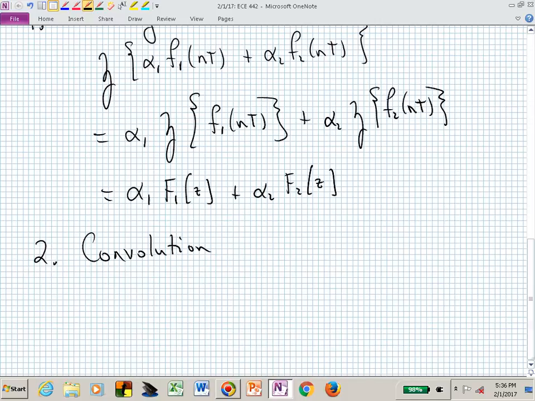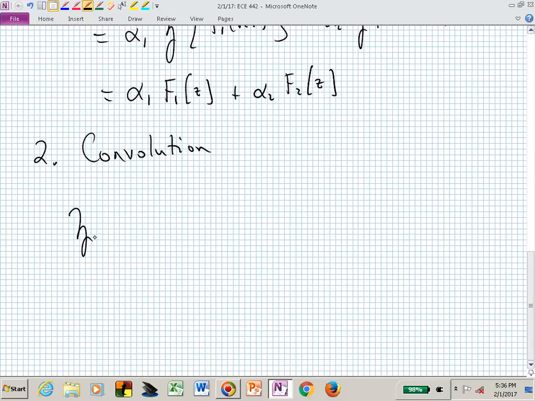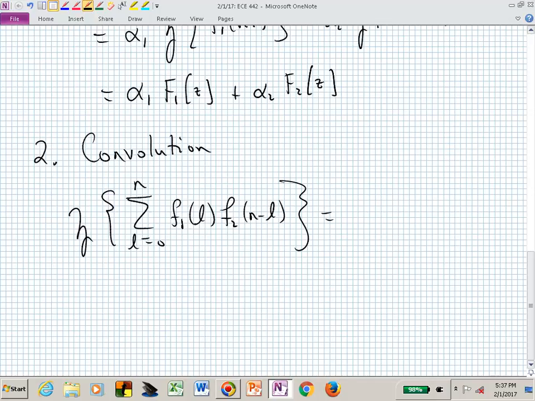If we look at the Z-transform of a convolution in the time domain of two discrete time signals, let's say f sub 1 of l and f sub 2 of n minus l, we can find that in the frequency domain by just taking the product of the Z-transform of little f sub 1 and the Z-transform of little f sub 2.